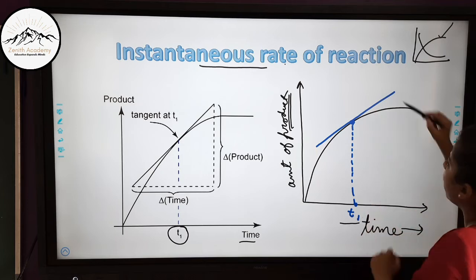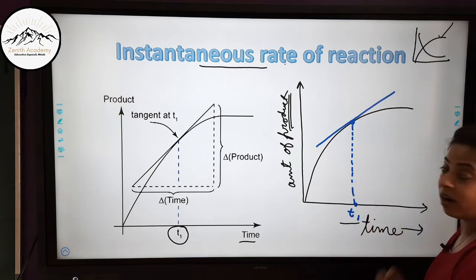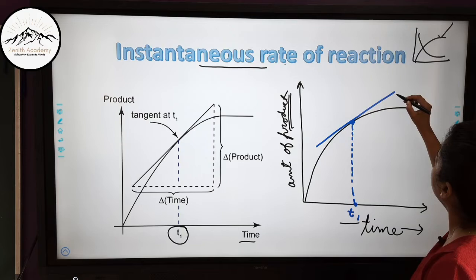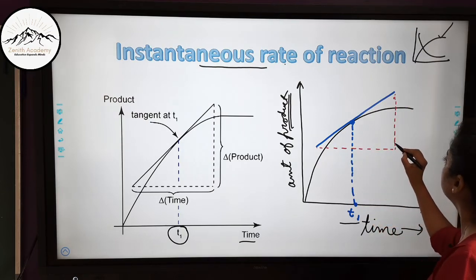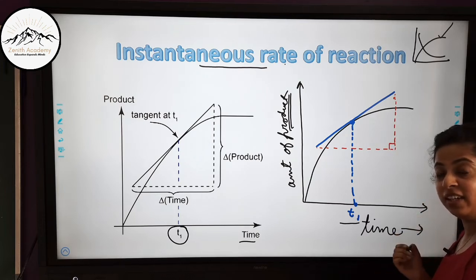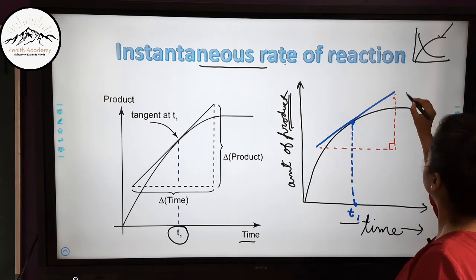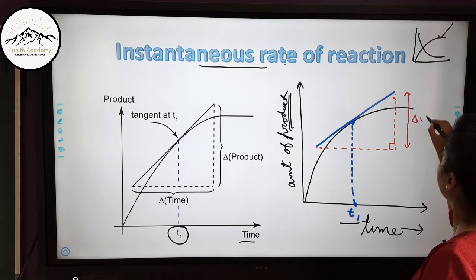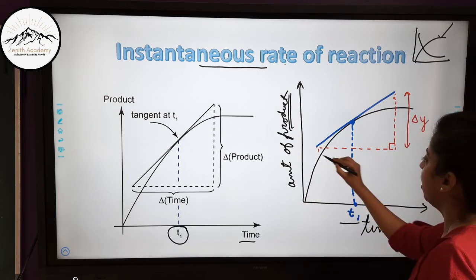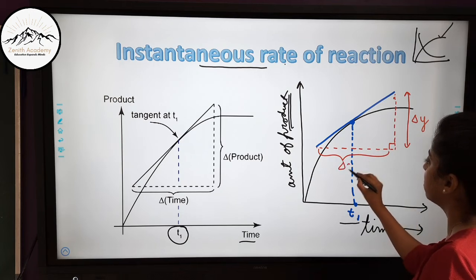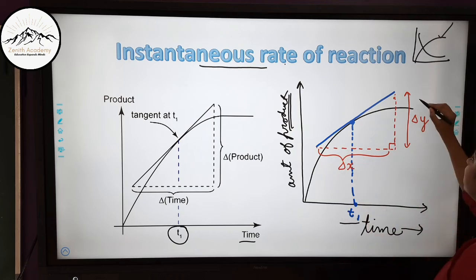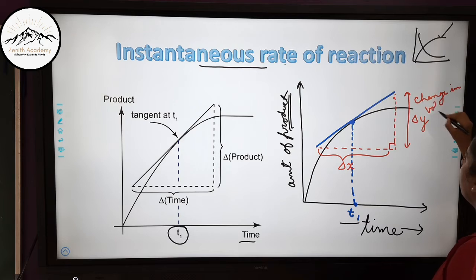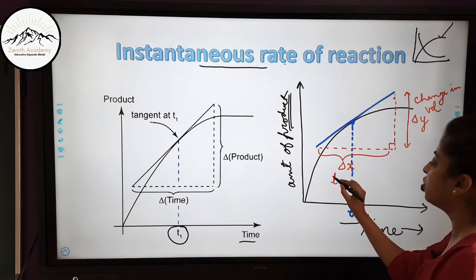Now we have to find the gradient of this tangent. How to find the gradient of a tangent? We can make a right angle triangle like this, and find the gradient. We all know the formula of gradient. This is delta y, the change in the value on the y-axis, and this is delta x. So your gradient is delta y upon delta x, or if this is volume, then it is the change in volume divided by the time taken, or the change in time.